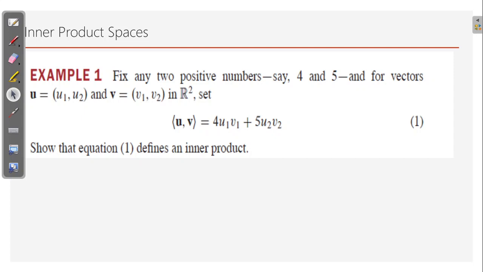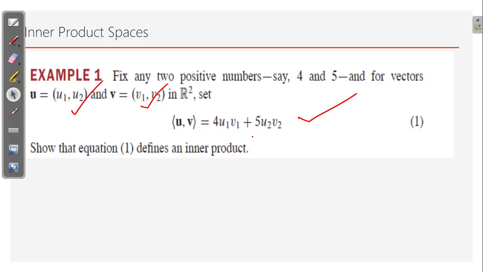Fix any two positive numbers, say 4 and 5, and for vectors u equal to u1 u2 and v equal to v1 v2 in R2, that means these are ordered pairs u1 u2 and v1 v2 belonging to the two-dimensional plane, set the inner product of u, v equal to 4 u1 v1 plus 5 u2 v2. So the examiner defines the inner product of u, v by this relation, 4 u1 v1 plus 5 u2 v2.